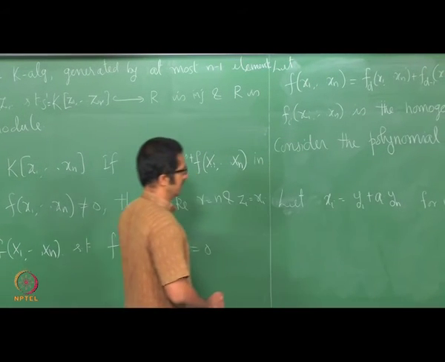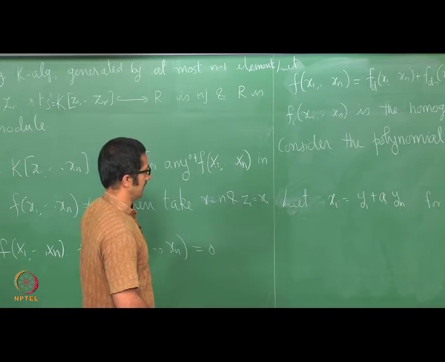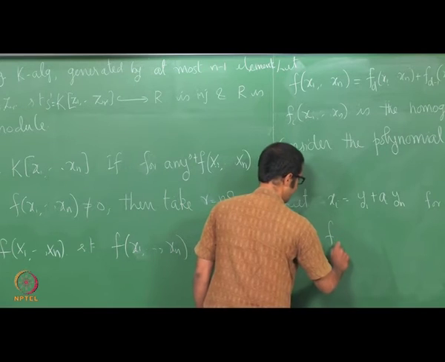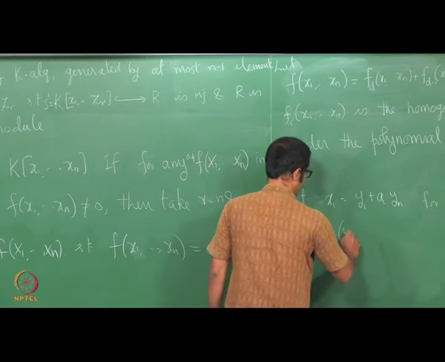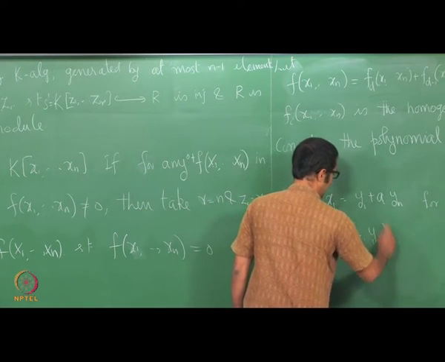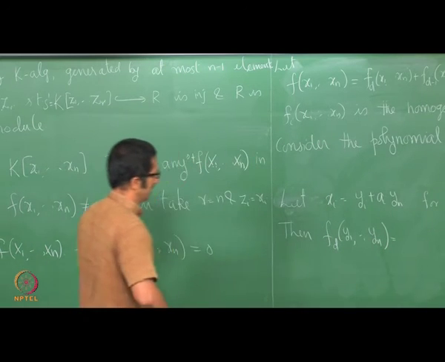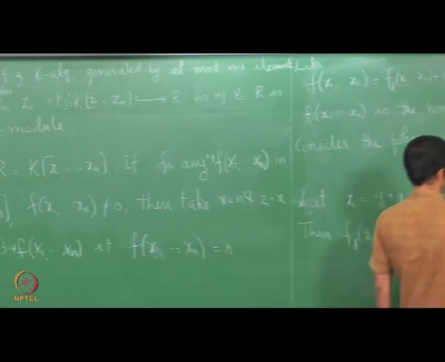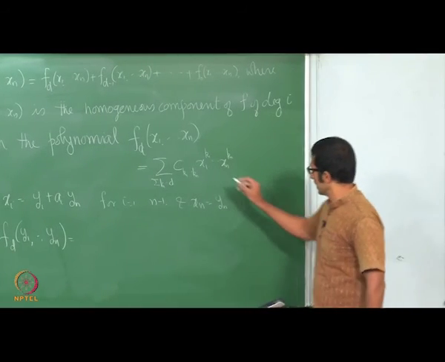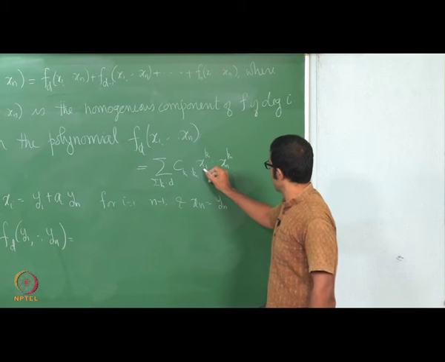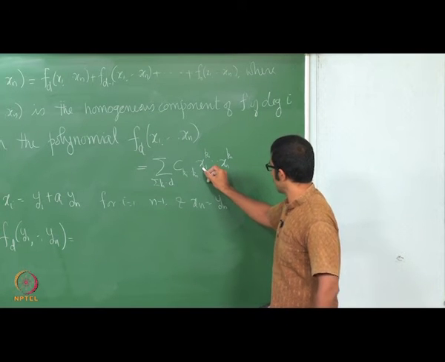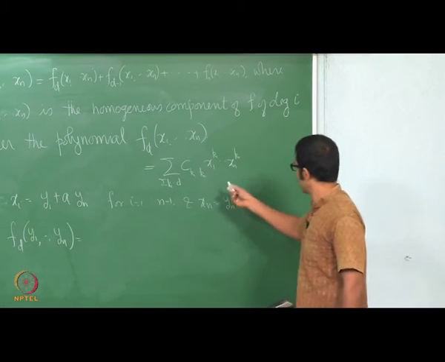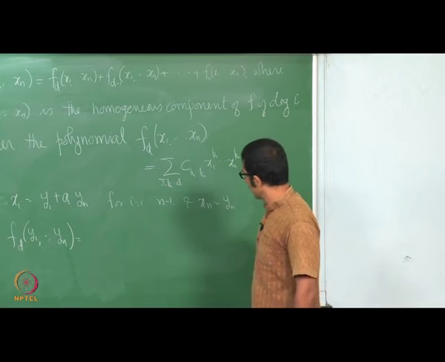What do you get? f_d of y1 up to yn. So, each one will become, x1 will be y1 plus a1 yn whole power k1, and so on.